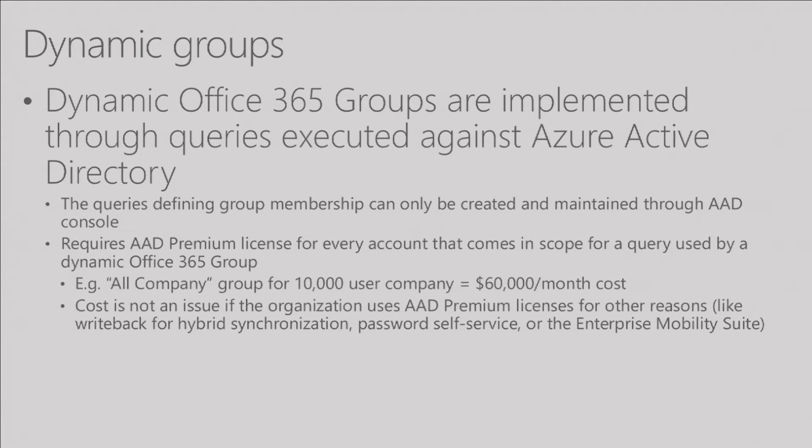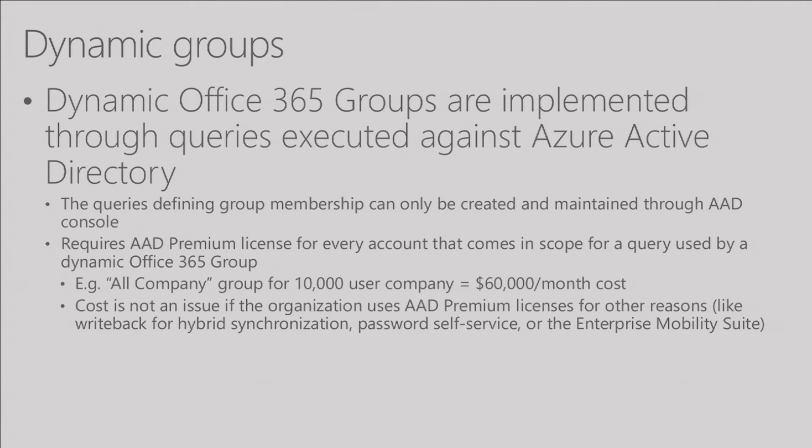But let's say that you're a standard E3 tenant, and you decide that you want to use dynamic groups. The rule is that any user account that comes under the scope of a query executed for a dynamic group must have an AAD Premium license.